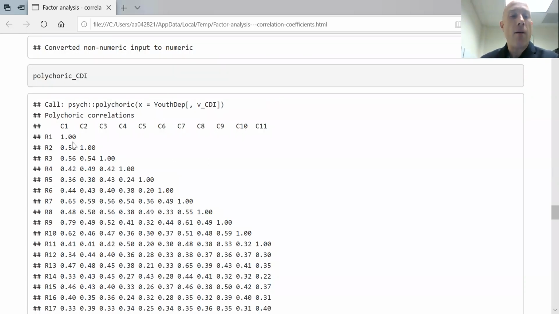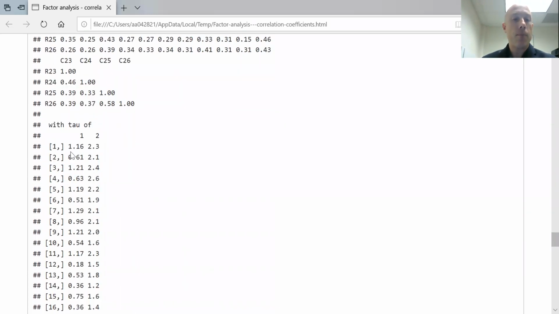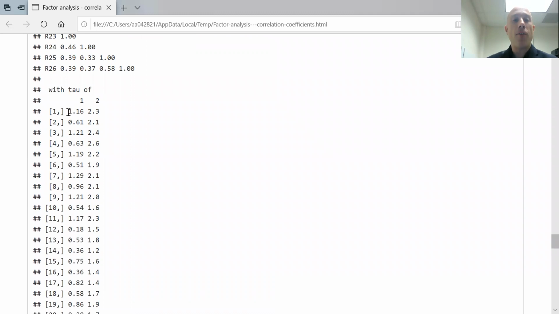And here we have the multivariate normal correlation estimates. Now, the cutoffs are a little bit more complicated. So in the tetrachoric correlation, there was just one cutoff for each individual variable. Well, now I've got 2.